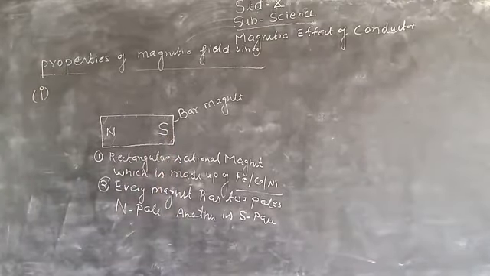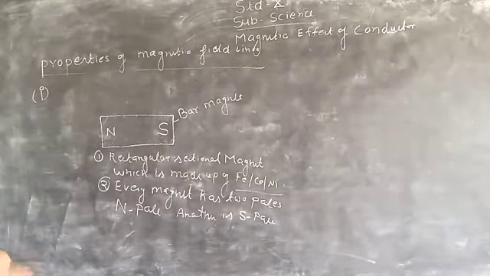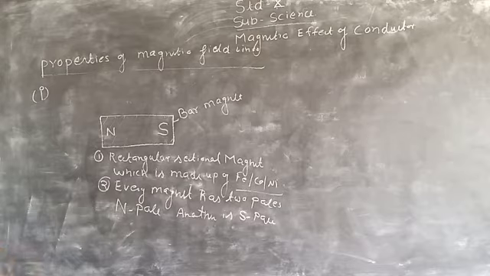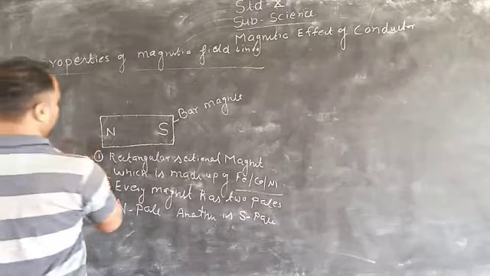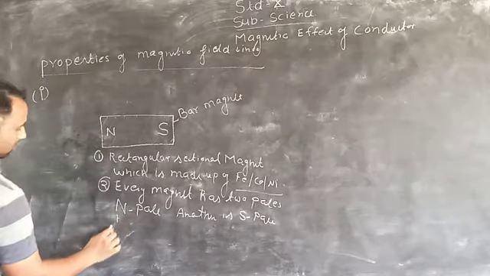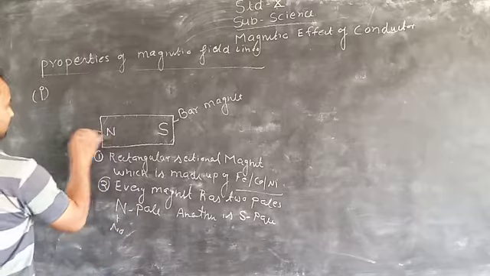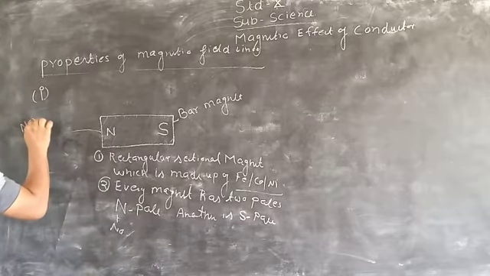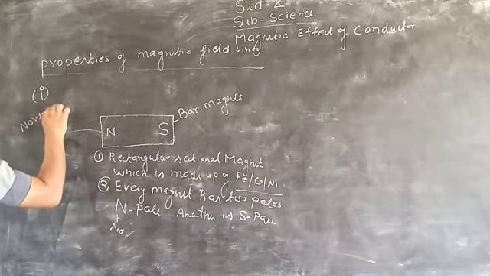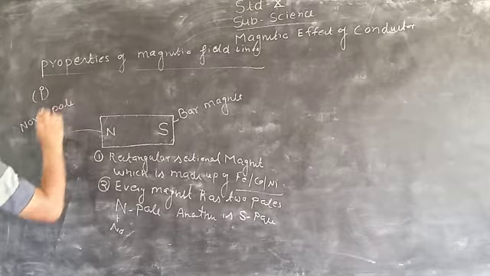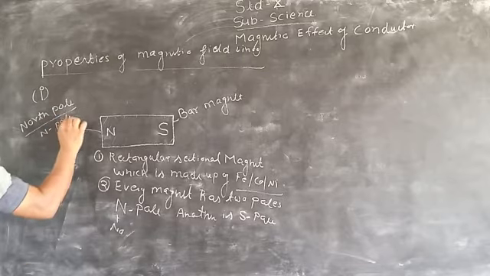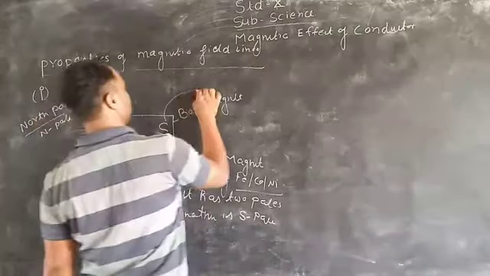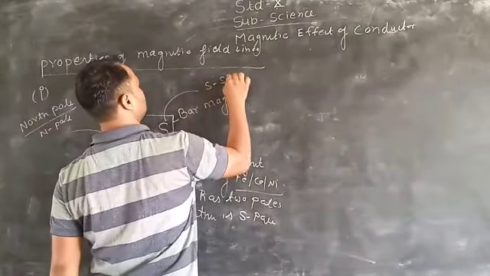Always remember that magnetic field lines originate from the N pole. This is our N pole. N means north pole. And this is our south pole, S pole.